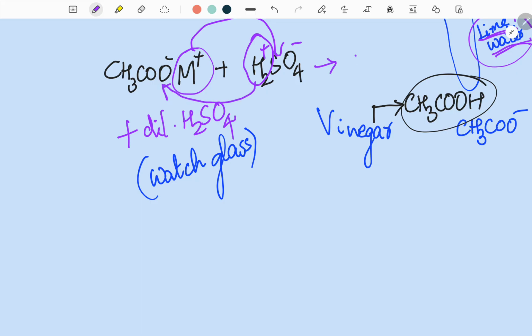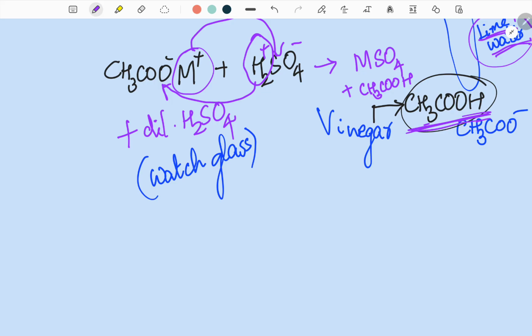So you are going to get a metal sulfate salt, and you will also get acetic acid. So whatever metal is present in the salt, you will undergo this reaction. This reaction will be present and you will be able to see the formation of acetic acid.